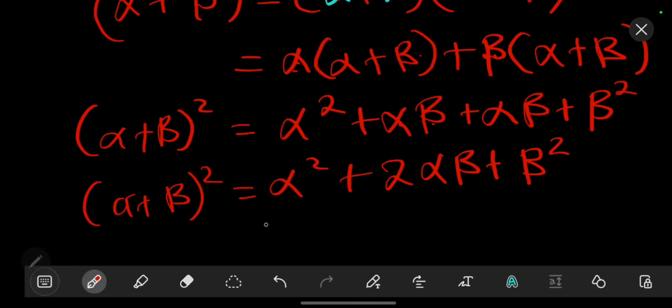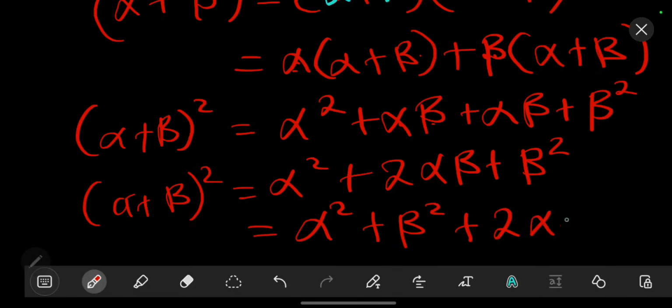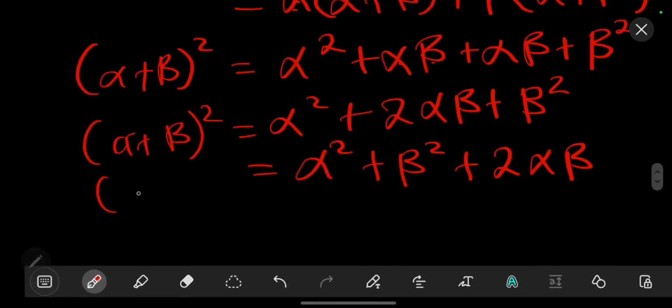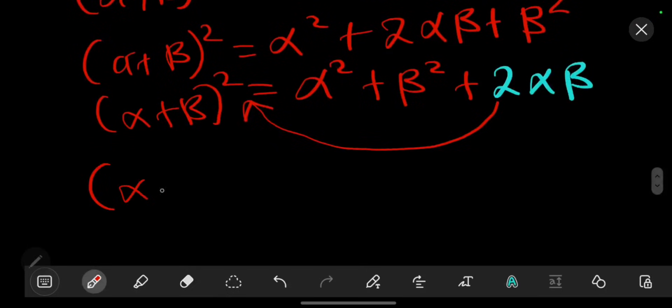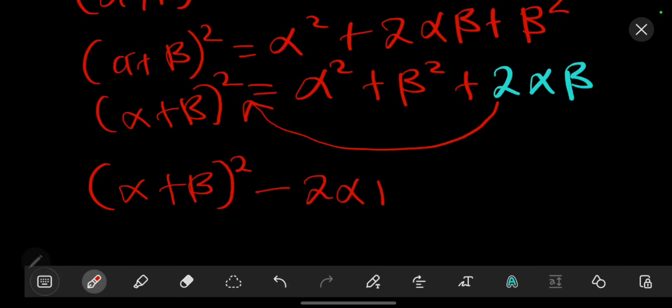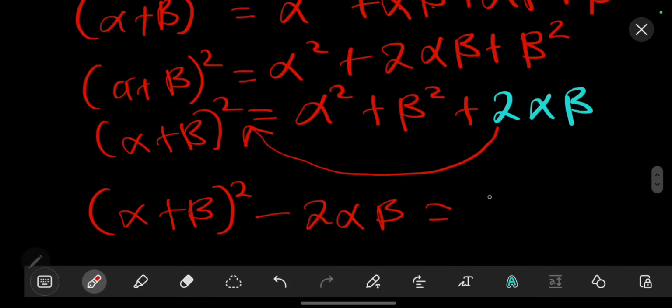Then what we are going to do is put them close. So we have alpha squared plus beta squared, then we have plus 2 alpha beta, and on this side we have alpha plus beta squared. So all we are going to do is get this value and take it to the other side. So we have alpha plus beta squared, minus 2 alpha beta, when it comes this side, should be equal to alpha squared plus beta squared.